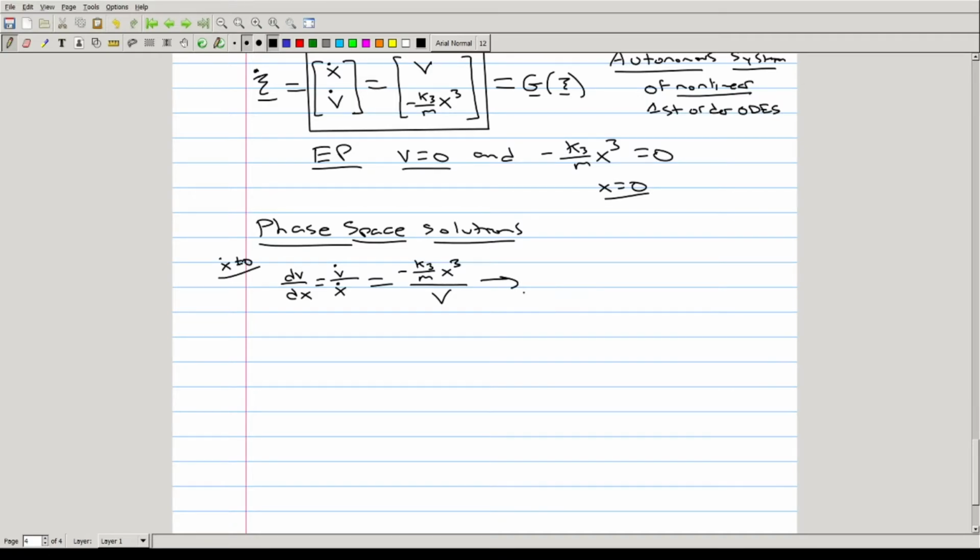So we can integrate it to get the integral of v dv is equal to the integral of negative k3 over m x cubed, which is the equation v squared over 2 is equal to negative k3 over m times x to the 4th over 4, plus c.